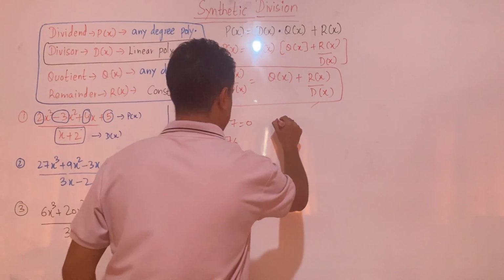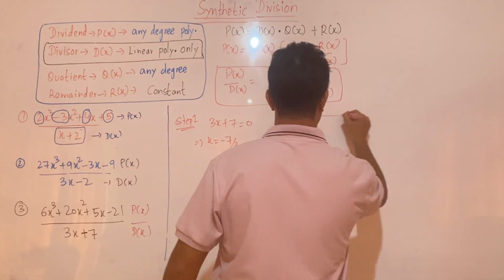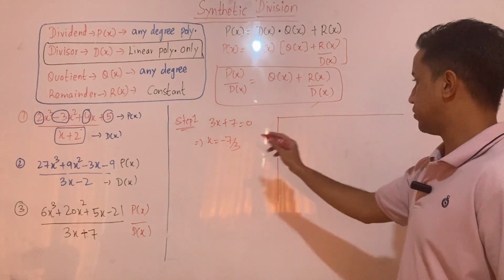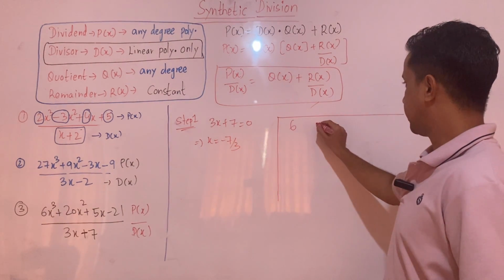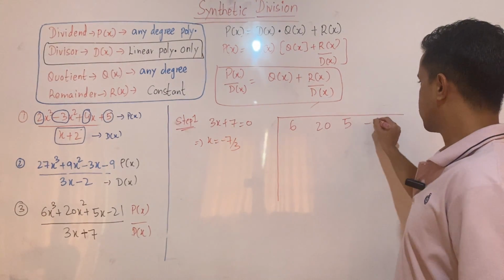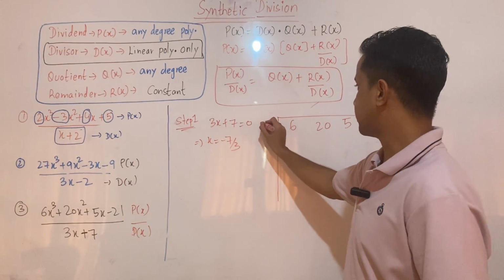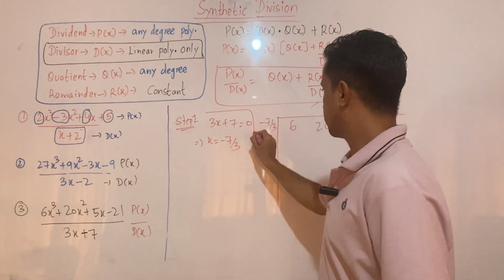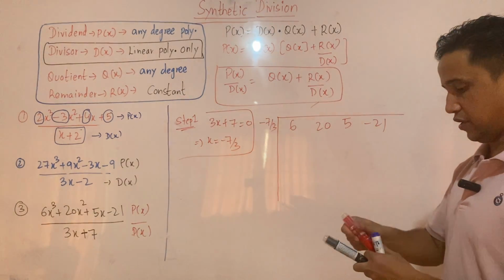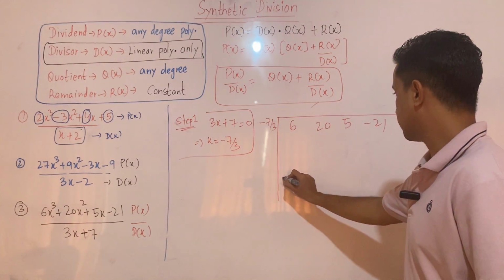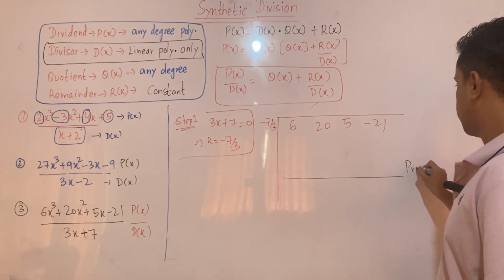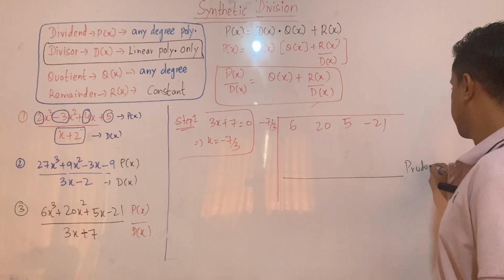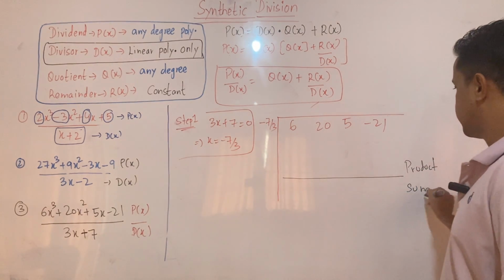Okay, then perform the synthetic division. Okay, write the coefficients here. 6, 25, minus 21, and here write the value of x, minus 7 by 3. Okay, this is separate. Now here this row is for products and this row is for sums.